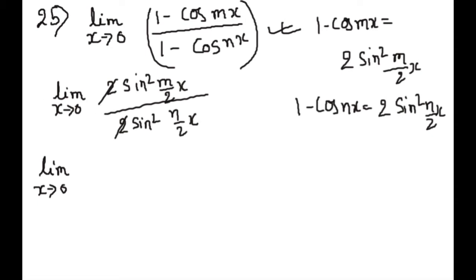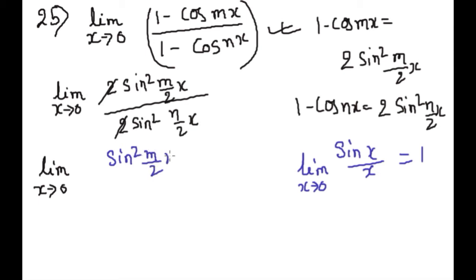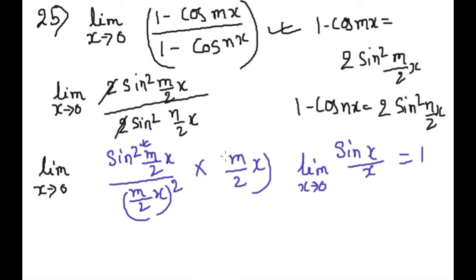Again, to convert in formula, sine x by x, limit of x tends to 0 is equal to 1, we will do sine square m by 2x divided by m by 2x whole square. Why? Because this sine is in square, so we will multiply with the same m by 2x whole square.